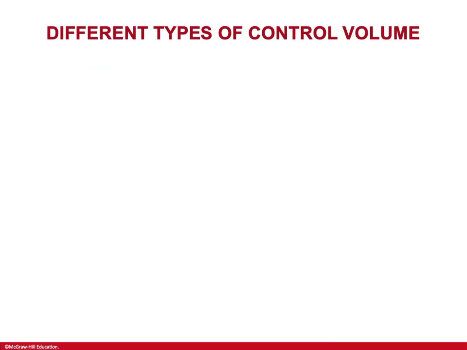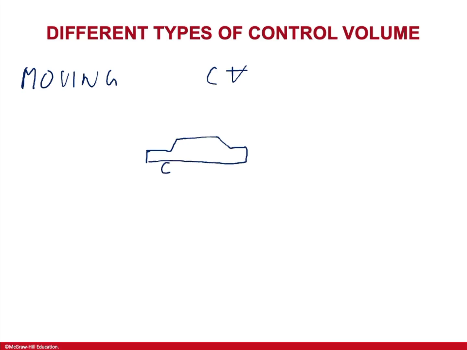The next type of control volume is a moving control volume. A good example would be if you're doing an aerodynamics problem of studying flow around a moving car. This car is moving with a certain velocity and you're looking at how the flow behaves or how the aerodynamic forces act on this car.